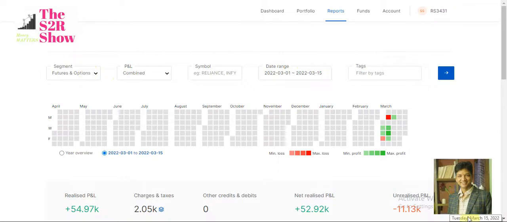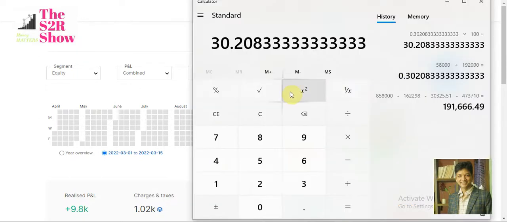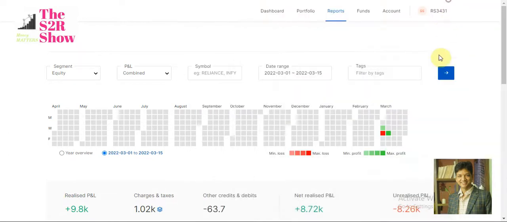It is only 15 days of March, and equity is around 8,500, plus 52, around 60,000 return in 15 days. That's good. That's a very good return.